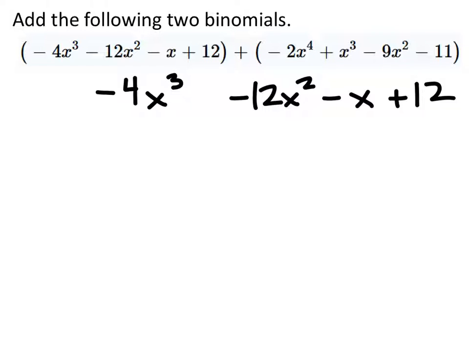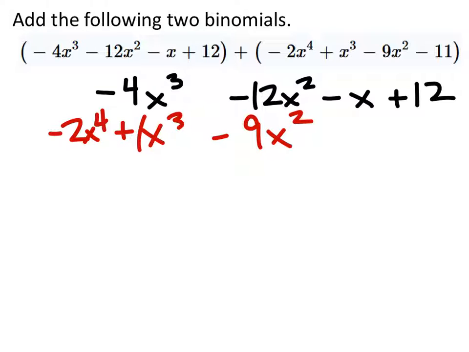Both of these polynomials are written in descending order, and I left a little space here in the front because we have this negative 2x to the fourth, which doesn't have anything to stack with in that first polynomial. So I'm going to set that off in front, negative 2x to the fourth. It does have an x cubed to combine with, and that's a 1x cubed. Then we have an x squared, negative 9x squared. There's no x squared there, so I'm just going to skip that and go right into the negative 11.